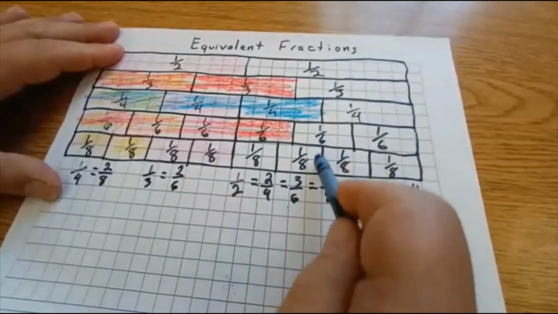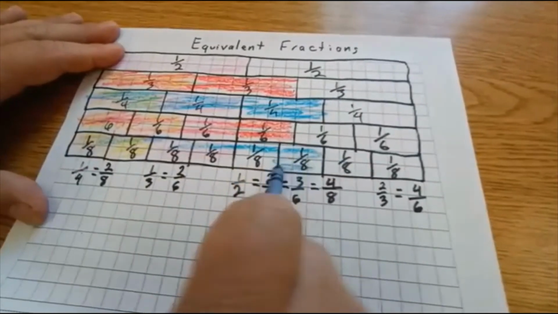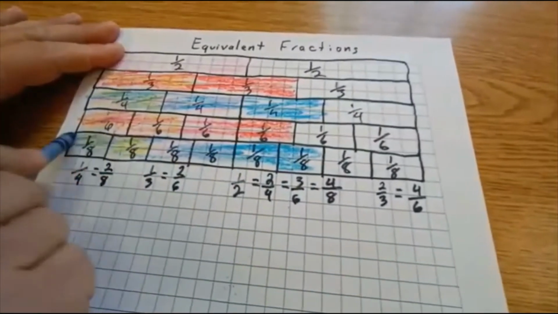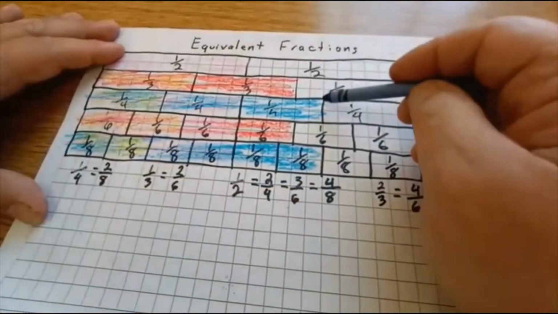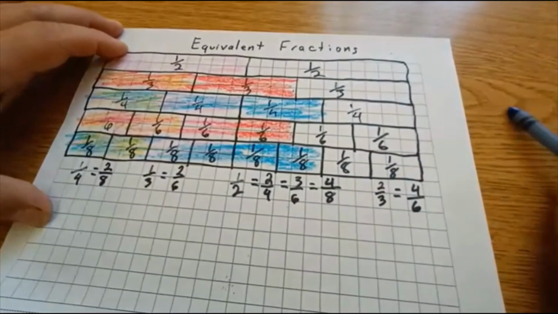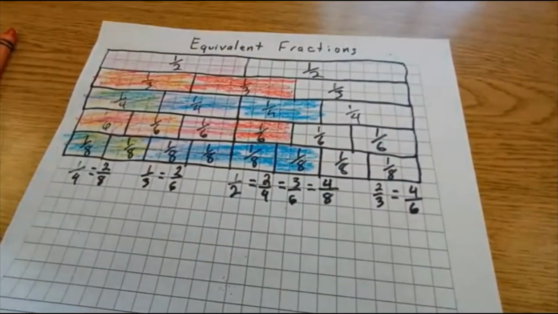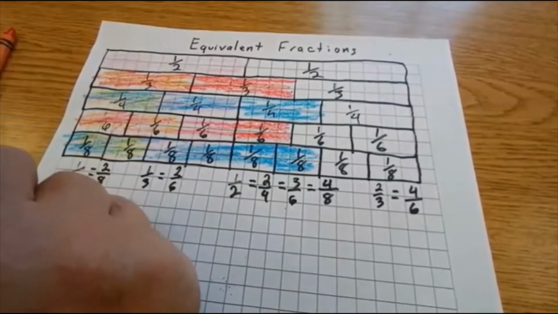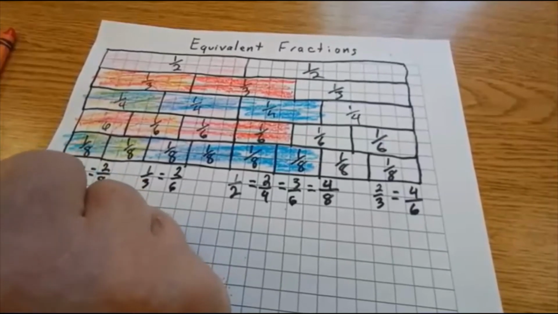It looks like it lines up exactly with 6/8. So we can say that 3/4 is equal to 6/8.